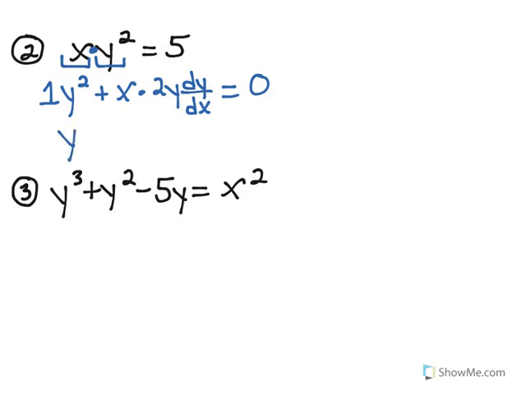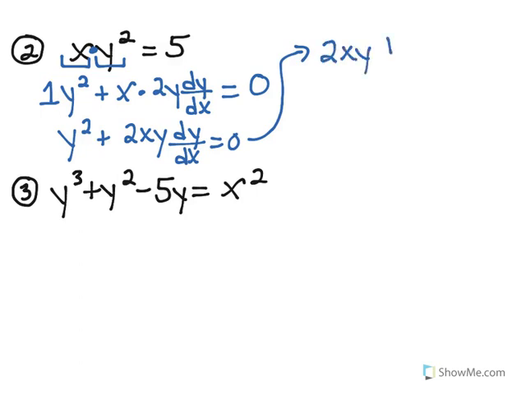So now I have y squared plus 2xy dy/dx is equal to 0. I want dy/dx equals, so I'm going to subtract y squared to get 2xy dy/dx is equal to negative y squared.